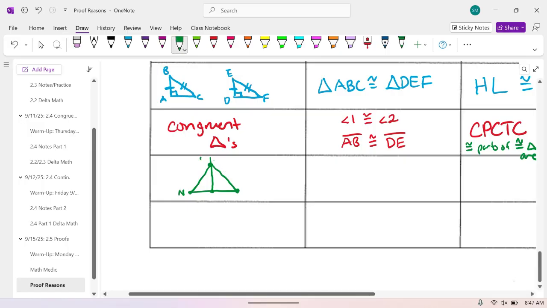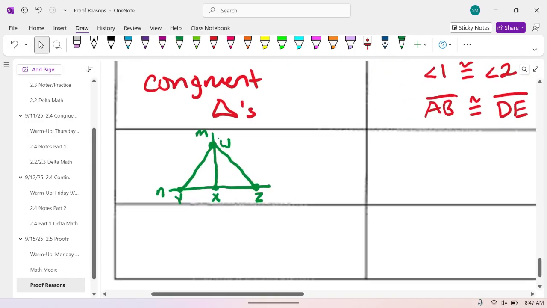Well, actually, no, we're going to call this line M, this line N, and this is the point W, X, shoot, that's Y, X, Z. It's hard to tell, but remember, I use lowercase letters for lines. So I'm naming line N and line M. So these two lines right here.